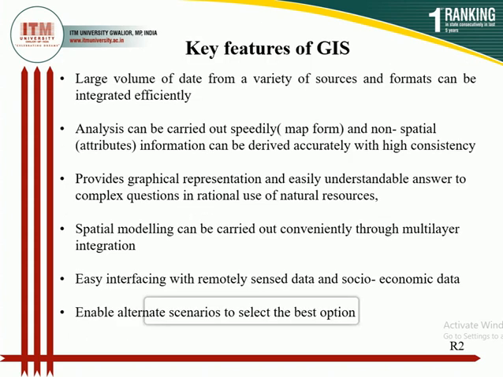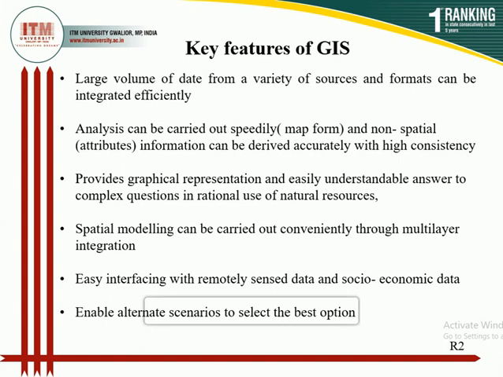What are the main key features of the GIS? In the GIS, a large volume of data from various sources and various file formats can be stored efficiently. Meaning the data can be in the tabular form, the data can be in a graphical form, the data can be in a map form. All sorts of data can be stored properly in the GIS. The analysis of all the data is carried out speedily.